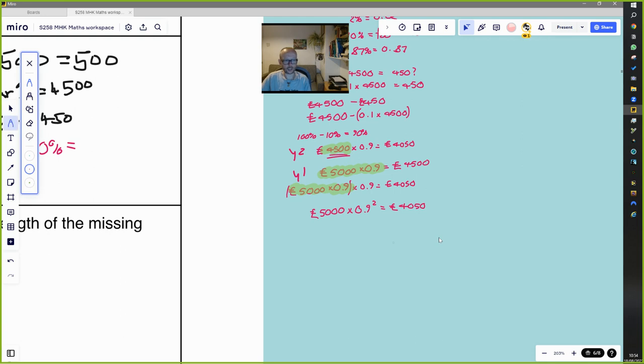Let's say the interest is the amount it drops by or increases by, and in this case it's negative 10% because it's reduced, which is the same as negative 0.1.